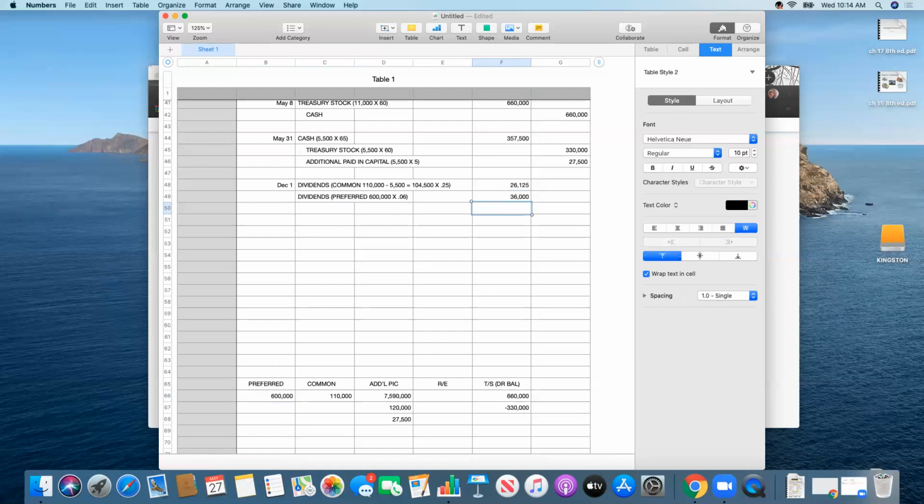Right? So now, when you're doing this problem on Connect, they don't want you to do two separate debits. I'm just showing you this so that it makes sense. What they're going to ask you to do is one debit for this total amount. You would add these two amounts together, one debit, which comes out to be 62,125.